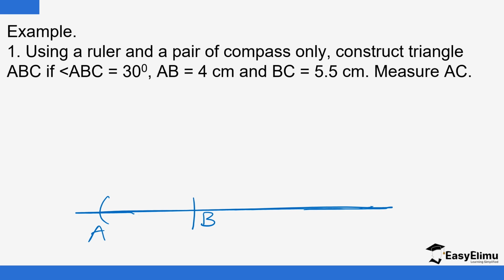And then angle ABC is 30 degrees, so the 30 degrees is constructed at B. We'll have to do the arcs.